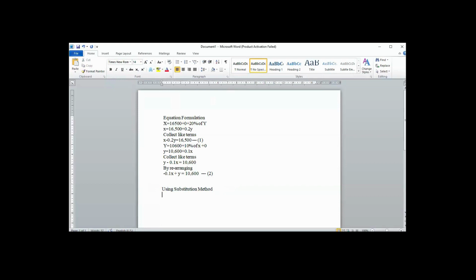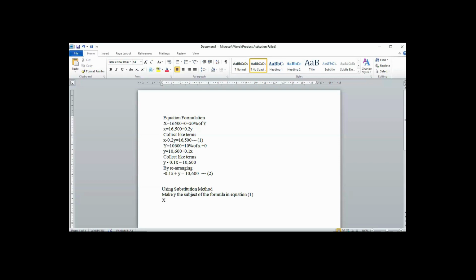You can say, make y the subject of the formula in equation 1. Is it clear?